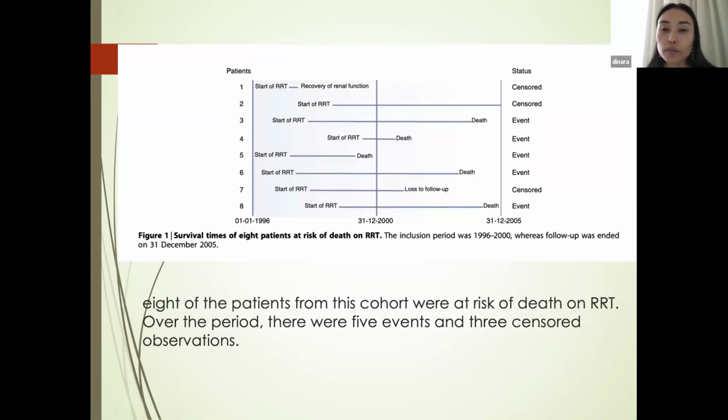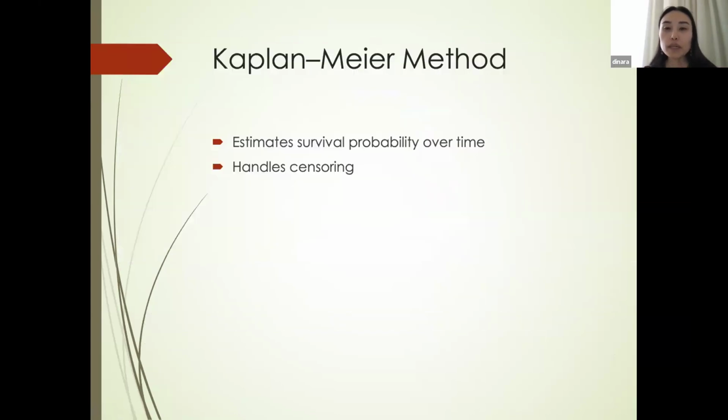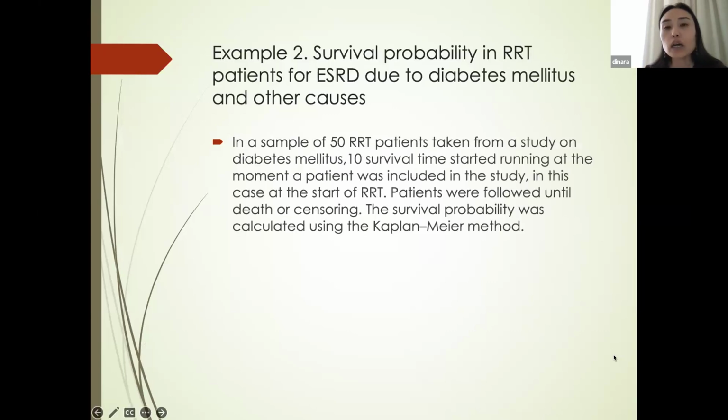And the Kaplan-Meier method is one of the tools that we use to estimate survival probabilities, and we handle censoring data. So let's say another example. Let's say 50 patients started renal replacement therapy.